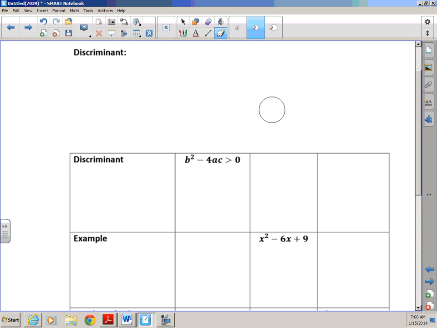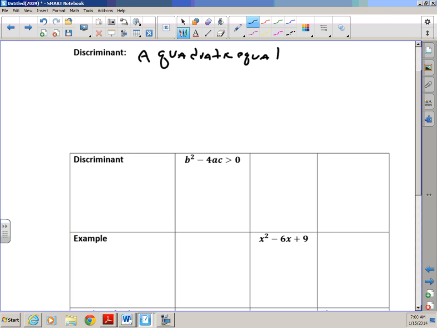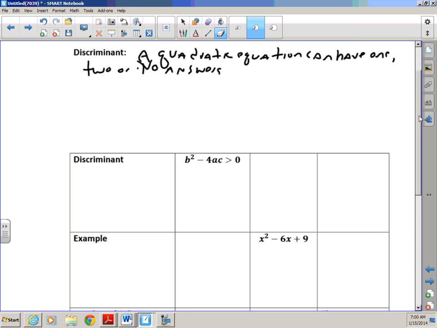And it's just as helpful sometimes to know ahead of time what type of answer or the number of answers you're going to have. So, a quadratic equation can have 1, 2, or no solutions.